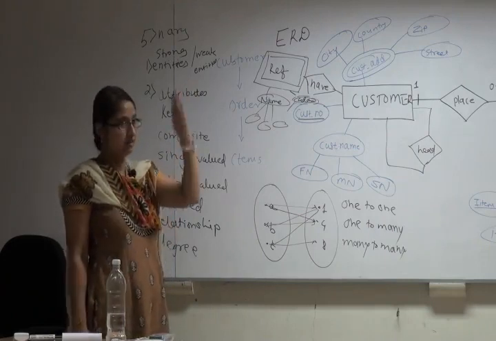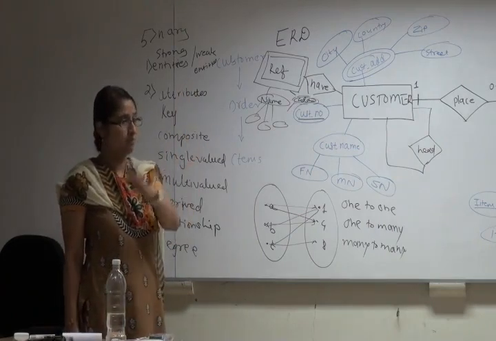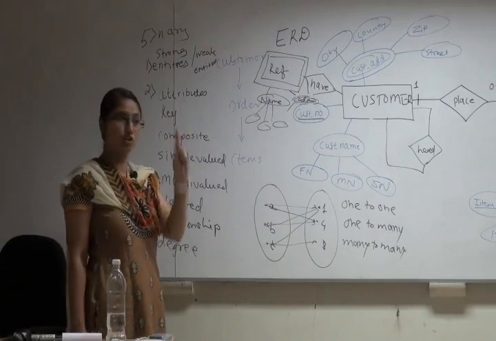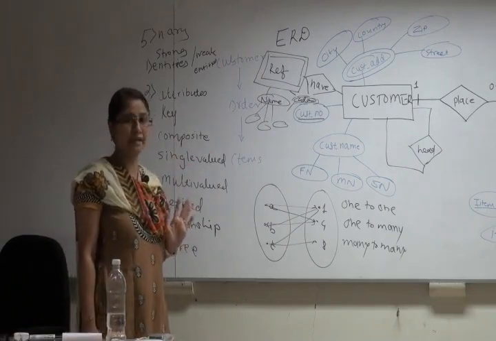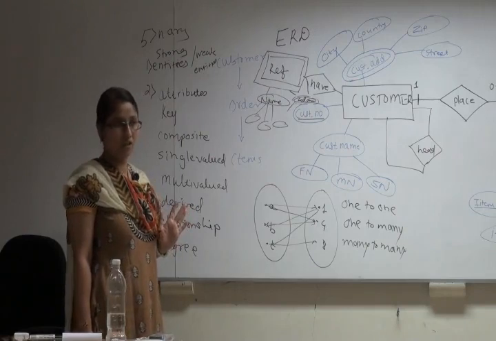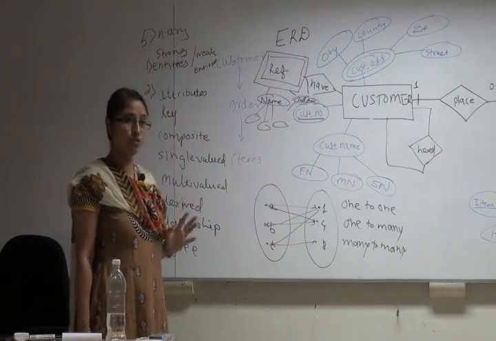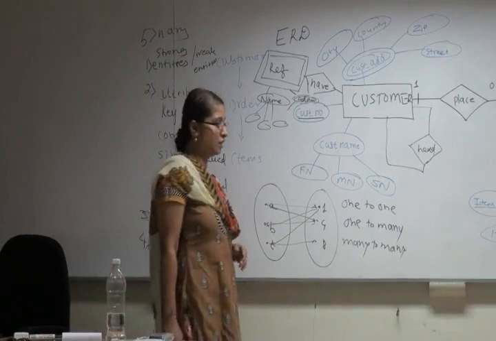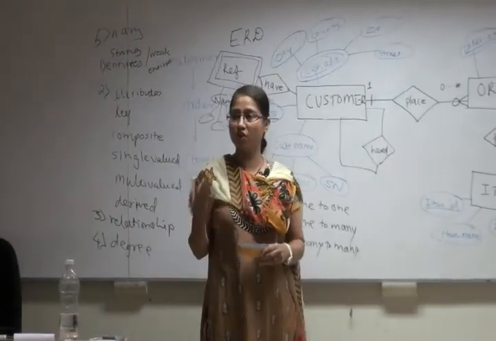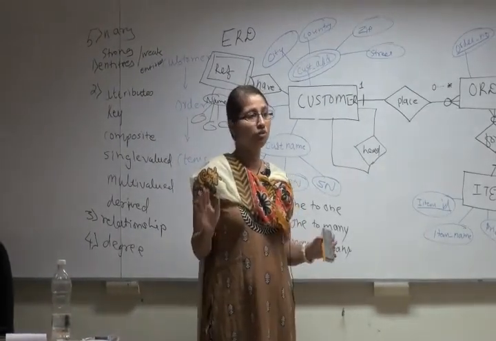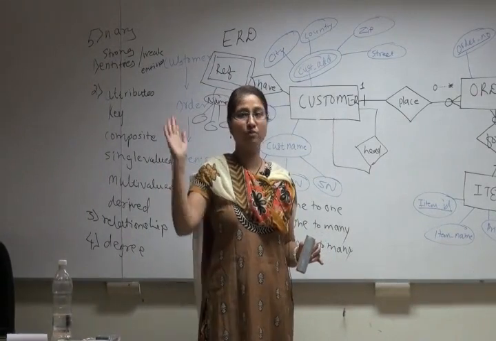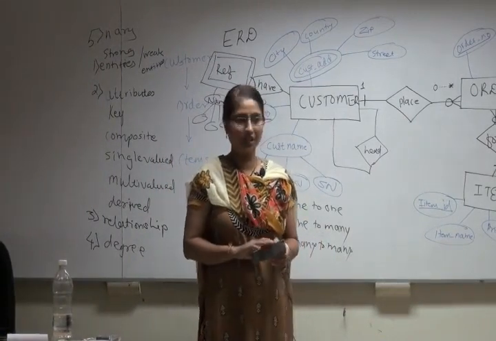There are certain rules to do that type of mapping. If you follow that rule, you will reach first normal form automatically. But as we want to learn normalization, we will not do that type of steps. We will do it from scratch, right?